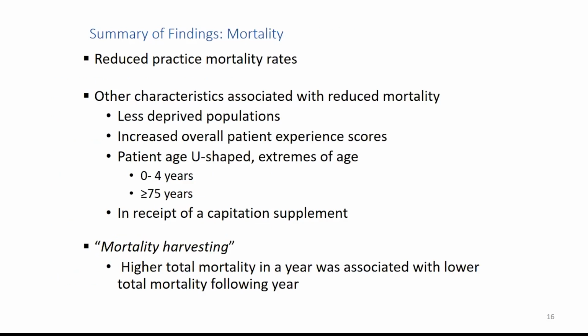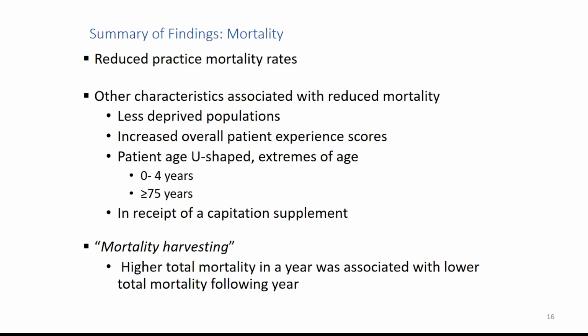We also looked at primary care mortality at practice level, and essentially higher funding was associated with reduced practice mortality rates for all-cause mortality and premature mortality, people dying under the age of 75.